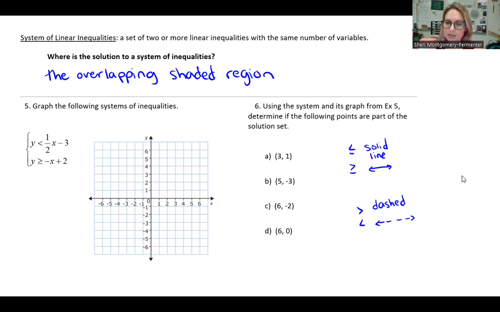When you have a solid line, anything on the line is included. So you can add that: any point on the line is included in the solution.